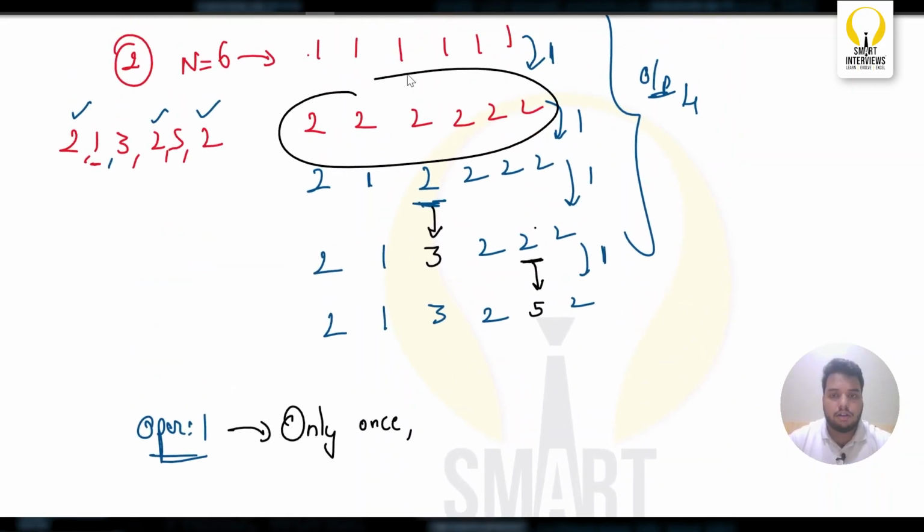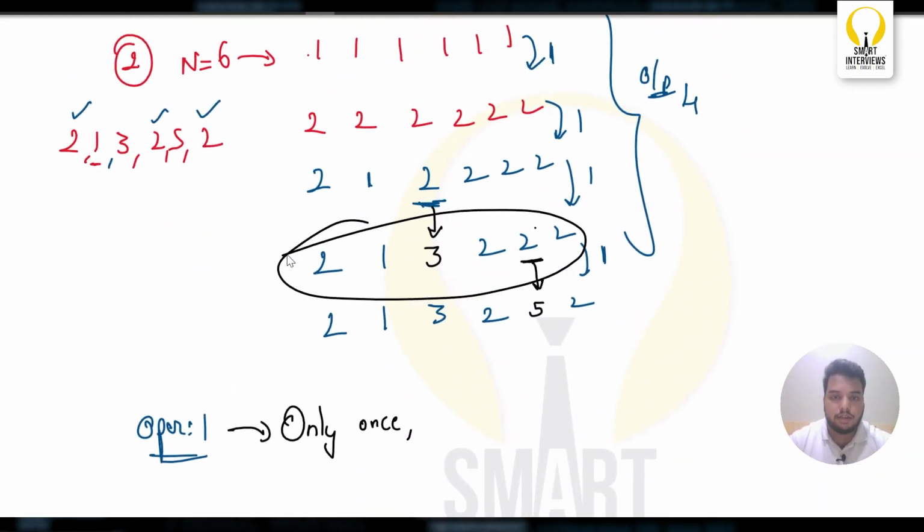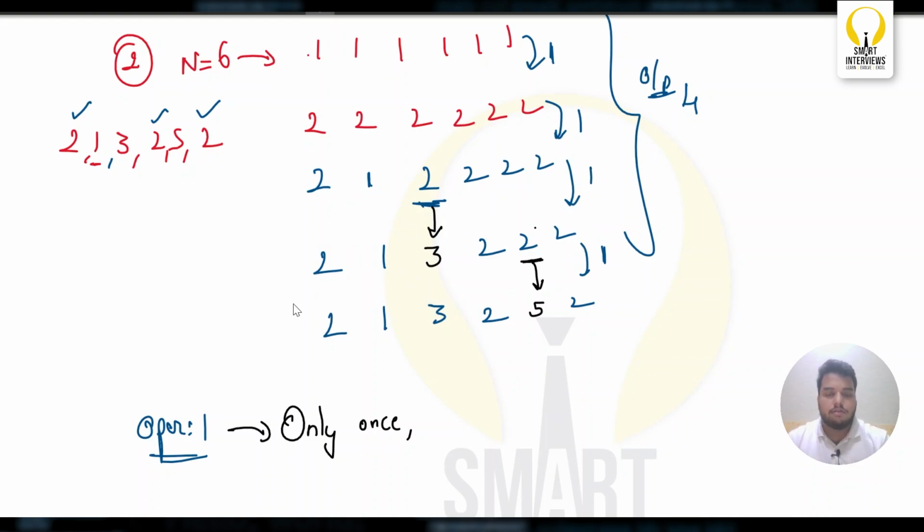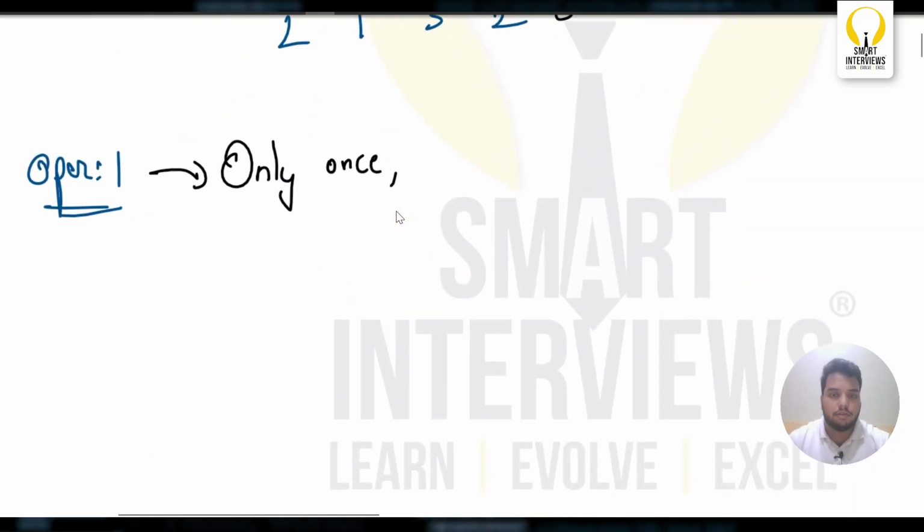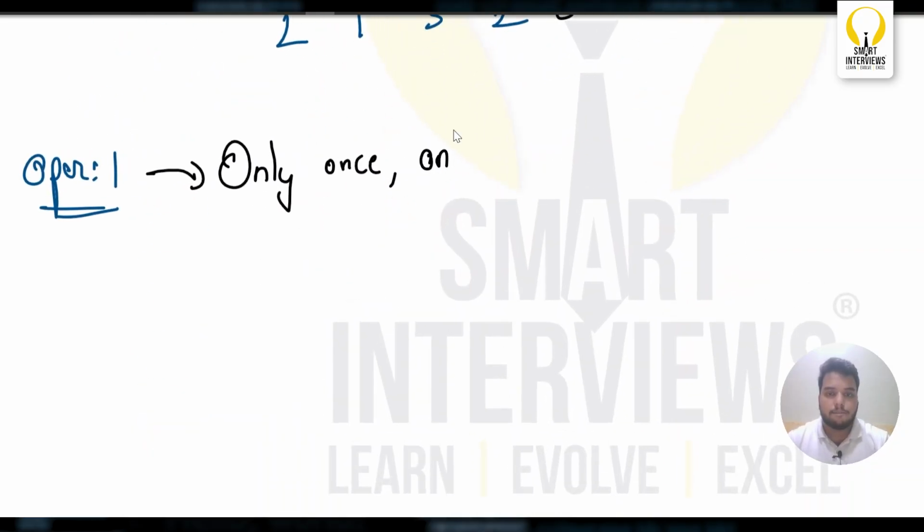Let's say I have converted all these to 2, I have performed some operations, I am at this stage, and converting all these fences again to some random number doesn't make sense, right? So instead of using operation 1 every time, you should use it only once, and that too only at the beginning.